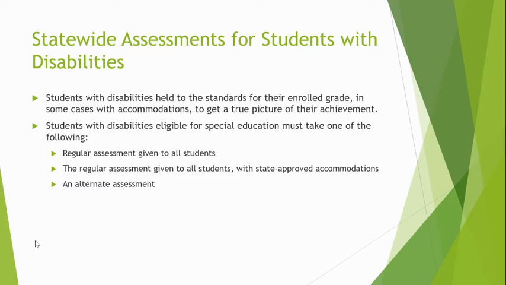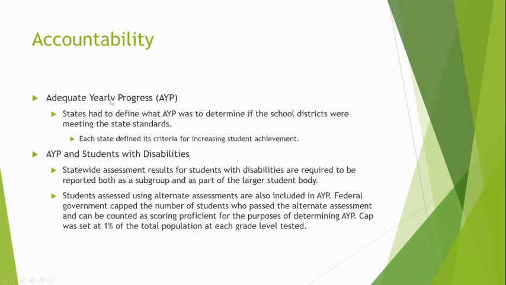So basically, the choices are the regular test with accommodations, or an alternate assessment. The alternate assessment is based on their IEP and on a student having a significant intellectual disability.